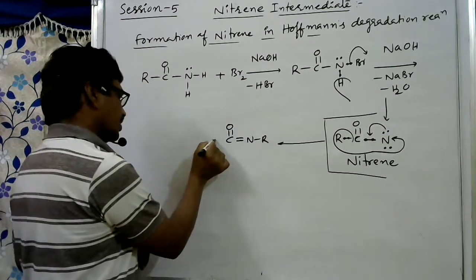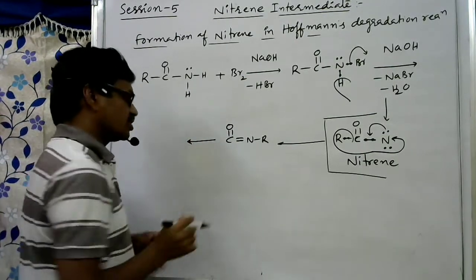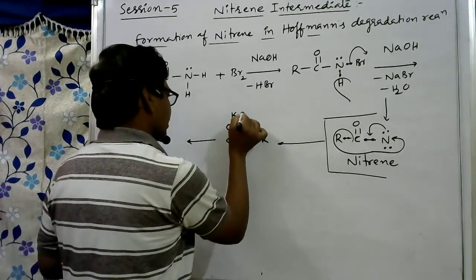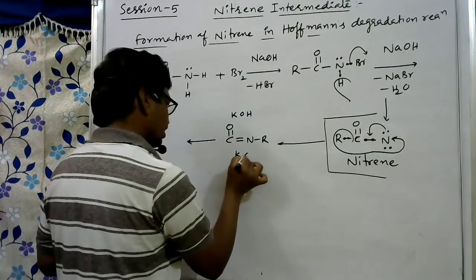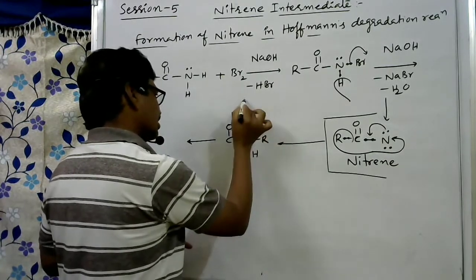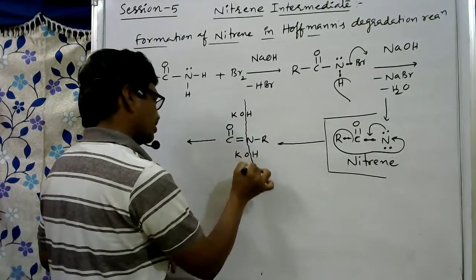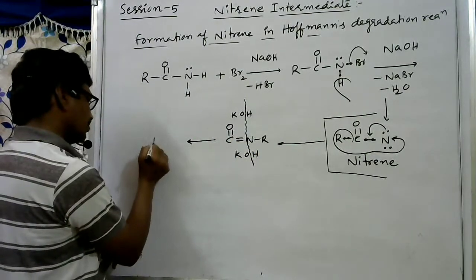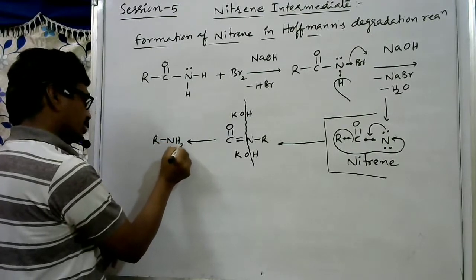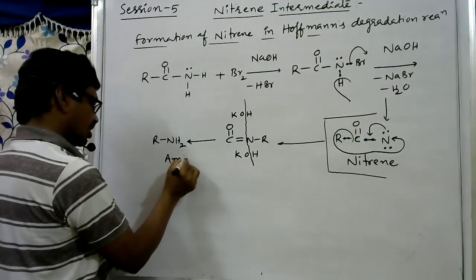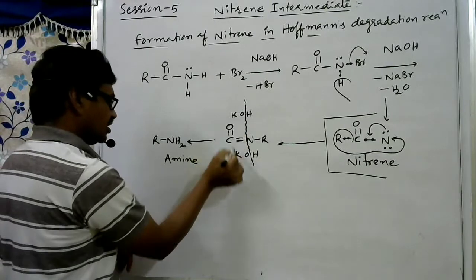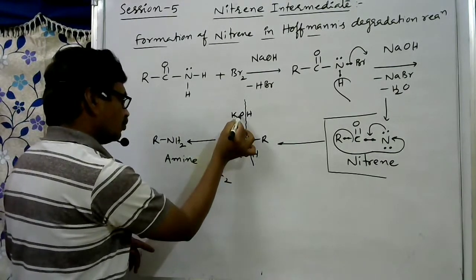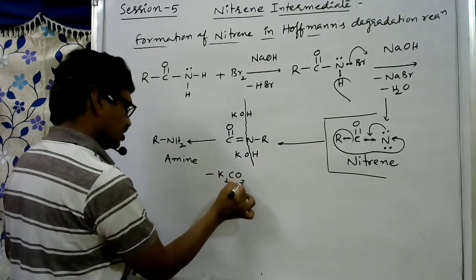From this, if you take two potassium hydroxides, here KOH, here KOH, it is eliminated as RNH2, means a primary amine is produced, and K2CO3 is eliminated.